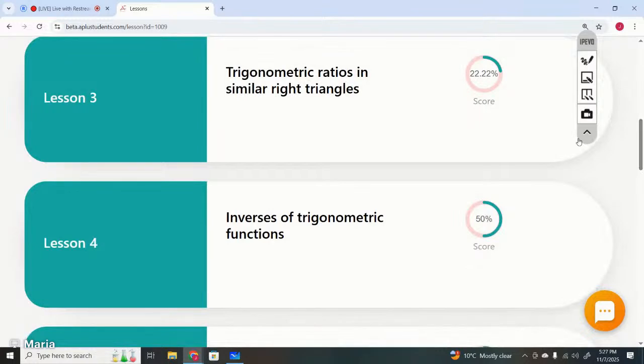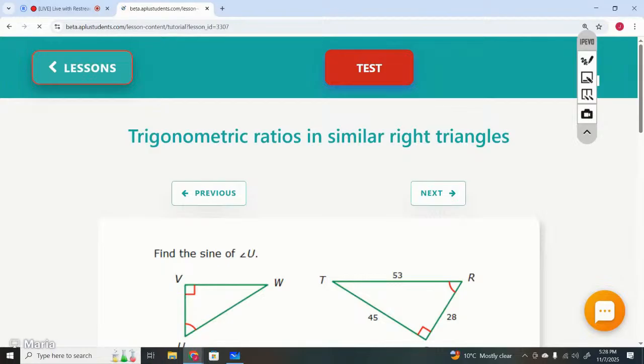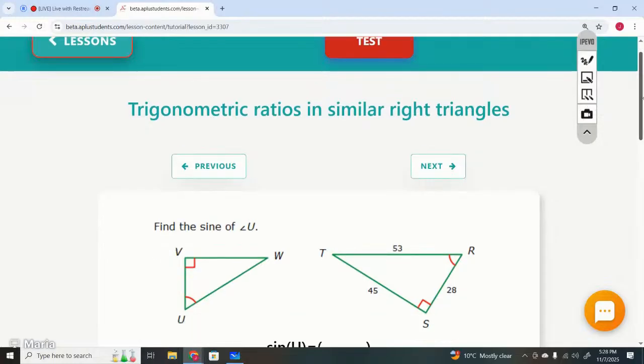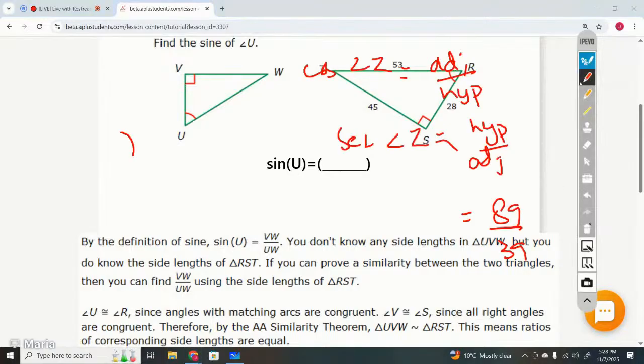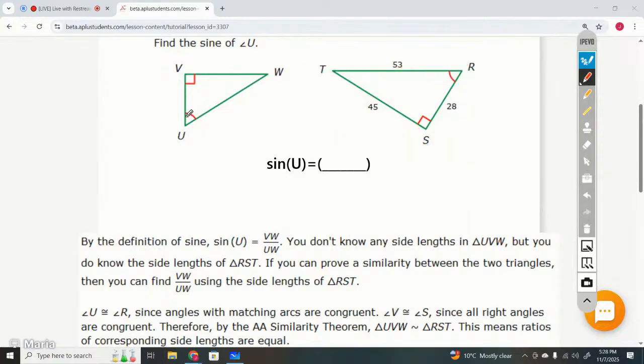Trigonometric ratios in similar right triangles. Find the sine of angle U. So both of the triangles are similar triangles, right? So sine of angle U equals VW divided by UW, right?